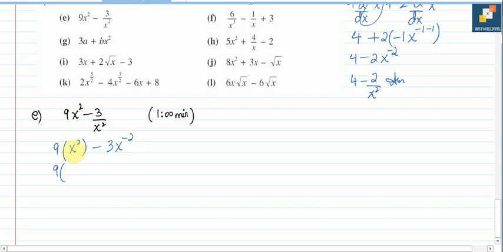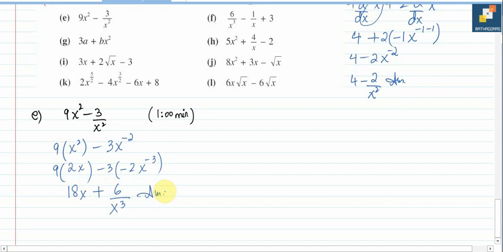So the derivative of x square, first you need to write down the power and then subtract 1 from the power, so it's 2x minus 3, and here it will be, first you need to write down the power and then subtract 1 from the power, right? I hope that all of you are getting it. So 9 2s are 18x minus minus plus 3 2s are 6 divided by x cube. That is your answer.